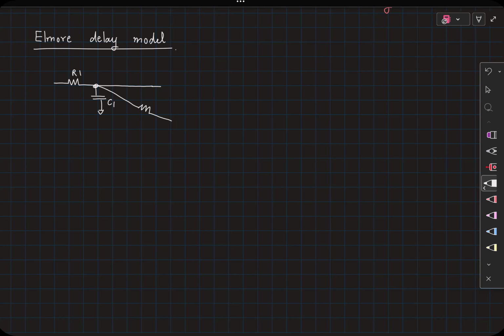I'm going to use generic terms like R1, R2, C1, C2, etc., because right now we just want to derive how you can estimate the first order time constant when you're dealing with a higher order RC network.